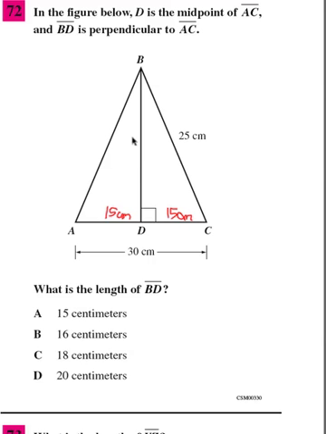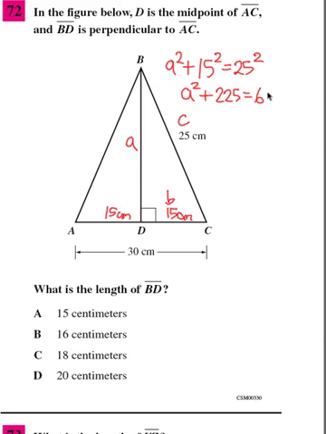So we have a right triangle, and we have that a squared plus 15 squared is 25 squared. So a squared plus 15 times 15 is 225, and 25 times 25, that's 625.